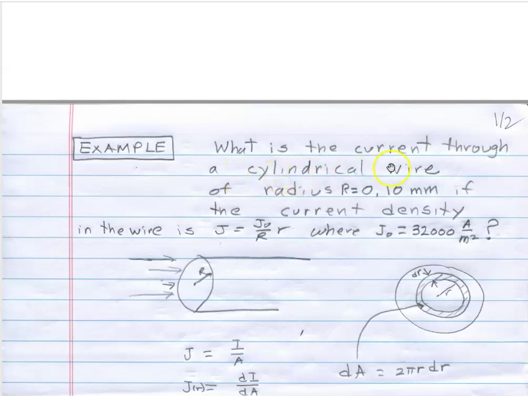through a cylindrical wire of radius R equal to a tenth of a millimeter if the current density in the wire varies with radius, where J is the current density is equal to J naught over R, R is the radius of the wire, times r, where J naught is this parameter, 32,000 amps per meter squared.